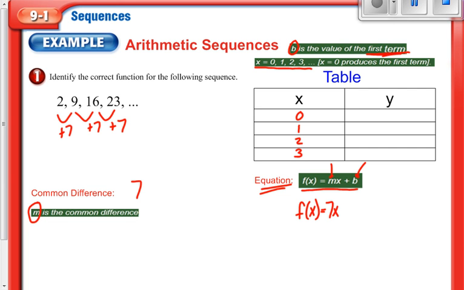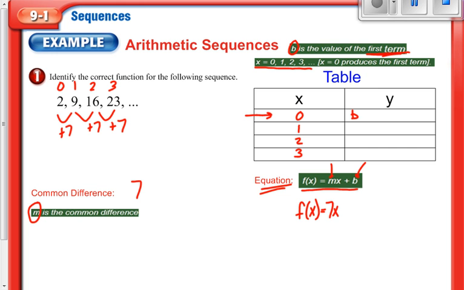When your x value is 0, that is going to give you your b value, which is going to be y here. So when I look over to the sequence given, 2 is going to be the x value of 0. 9, 1. 16 is 2. 23 is 3. So I'm going to go ahead and fill these over to my table.